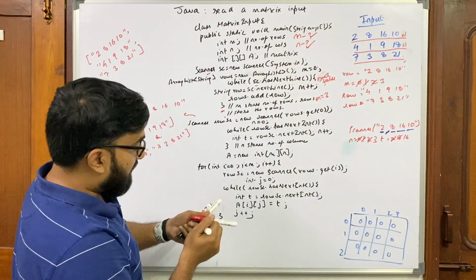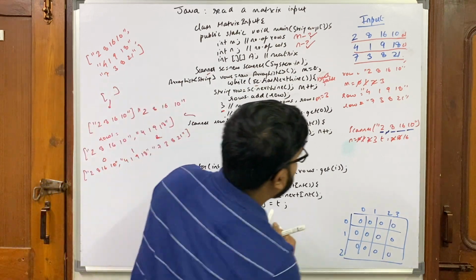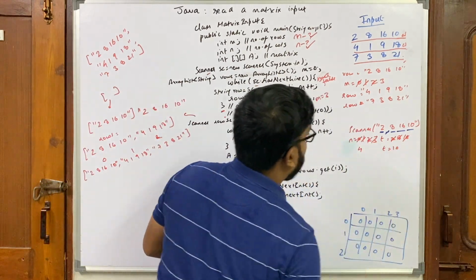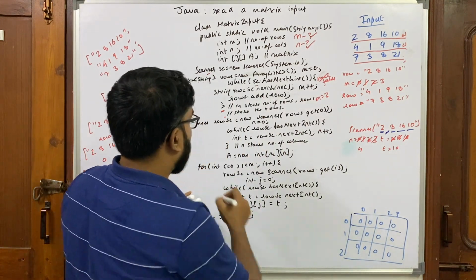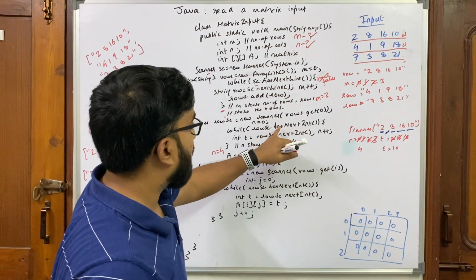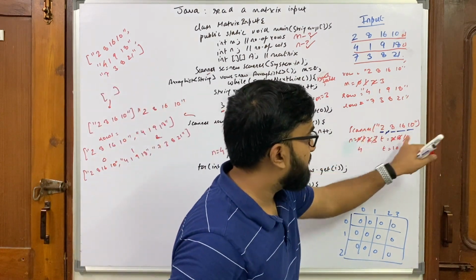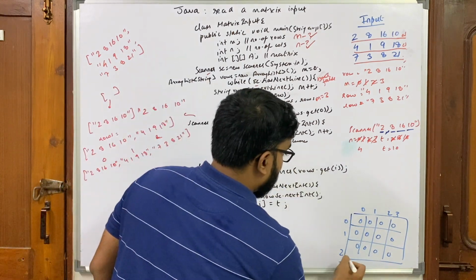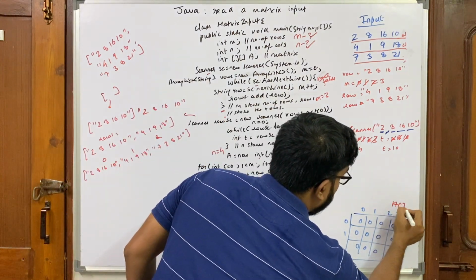The entire input is consumed now, n becomes 4, and t is 10. At the end of this loop, n is 4, since row sc.hasNextInt will return false since the entire input is exhausted. Then we create a new matrix, which is basically this. This is our new matrix A.